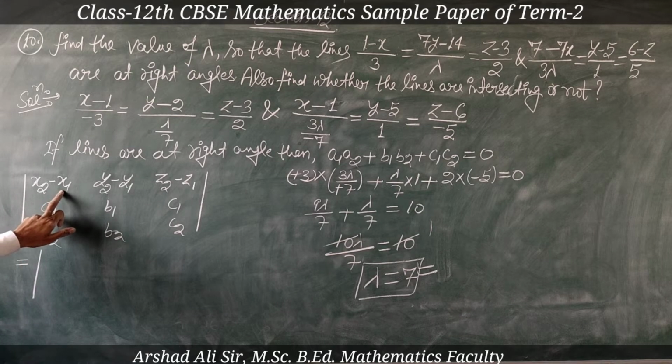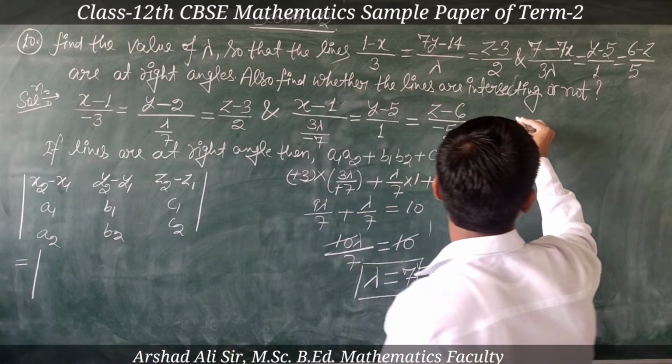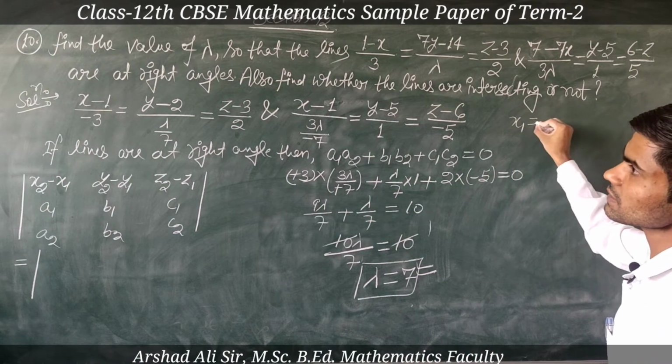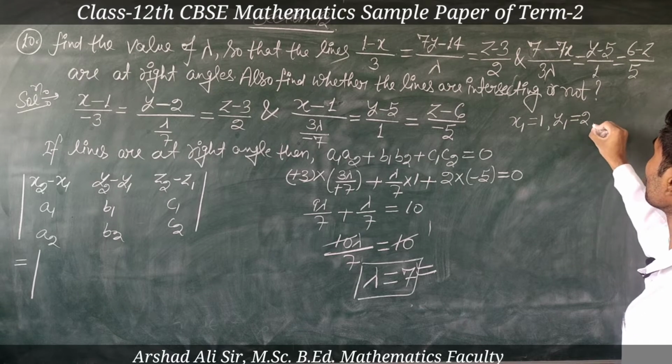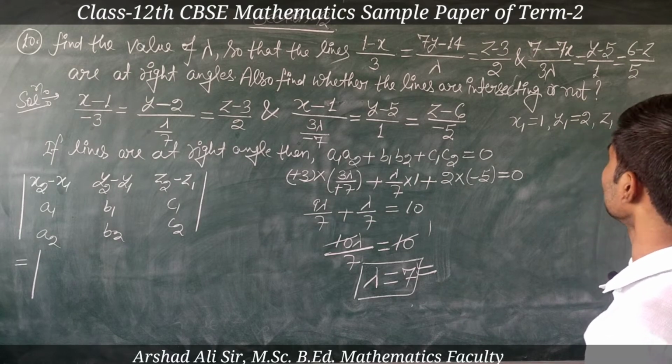For x2 minus x1, here we can write x1 is 1, y1 is 2, z1 is 3.